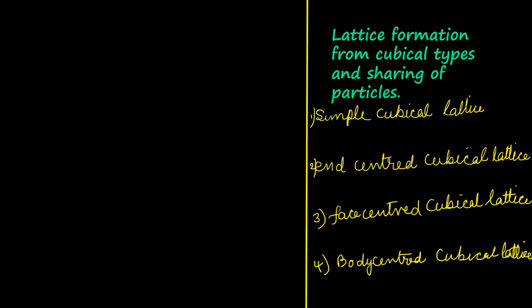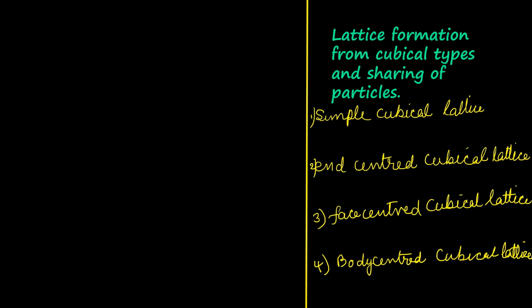In end-centered cubical lattice, only the end faces of the unit cells share the particles, unlike the case of face-centered cubical lattice where all the faces are shared by adjacent unit cells. End-centered cubical cells were discussed under rhombic type of unit cells. Anyway, we will discuss that type also under this because such terms are used in problems. So we need to know that.